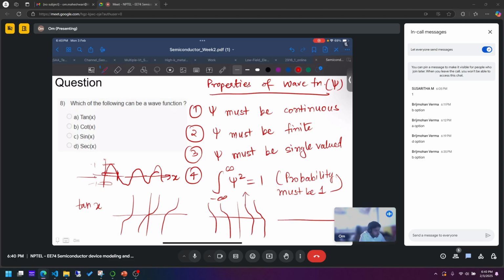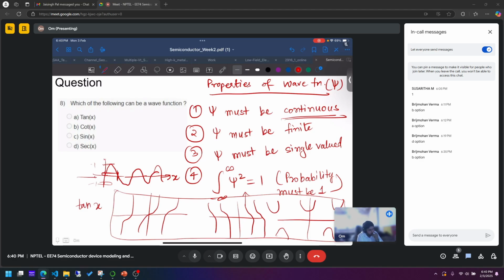Sec x is something like this. The problem with all of these is we can directly see that it is not even continuous, and the wave function must be continuous as well as differentiable. That property can only be satisfied among these options by a sinusoidal or even a cos function, right? This is just a shifted sine. So the answer is option C here.